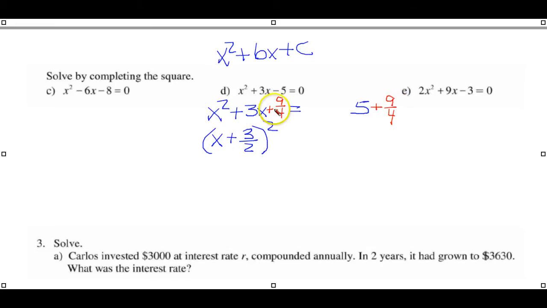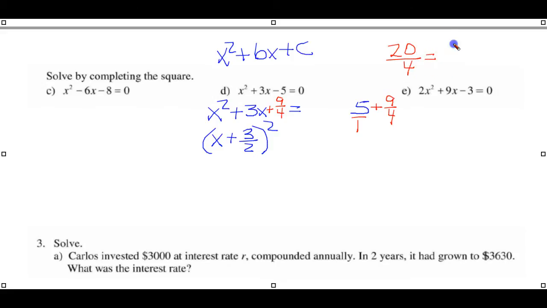And when I factor this, this is a perfect square trinomial, it will factor into this. But in order to do what I have here, I have to change this 5 into something with a denominator of 4. So I multiply this by 4/4, and I get 20/4.